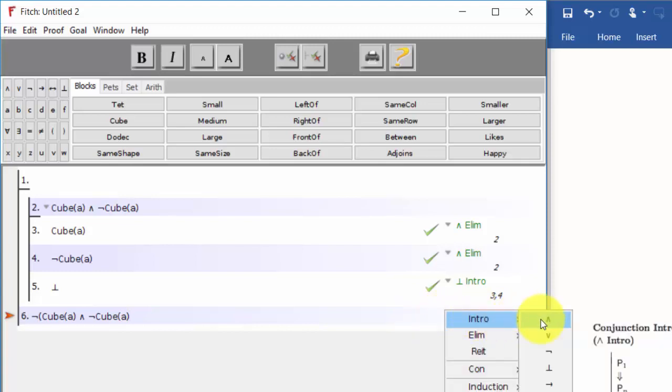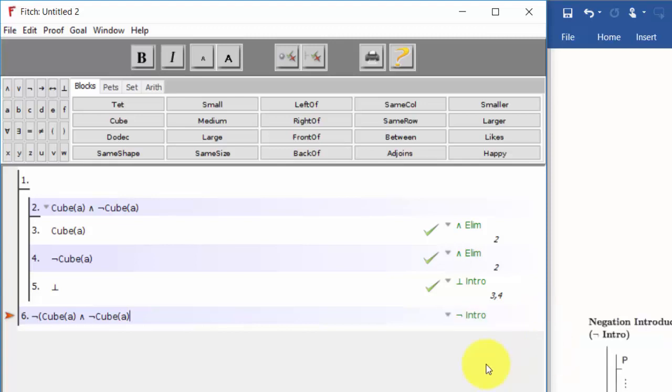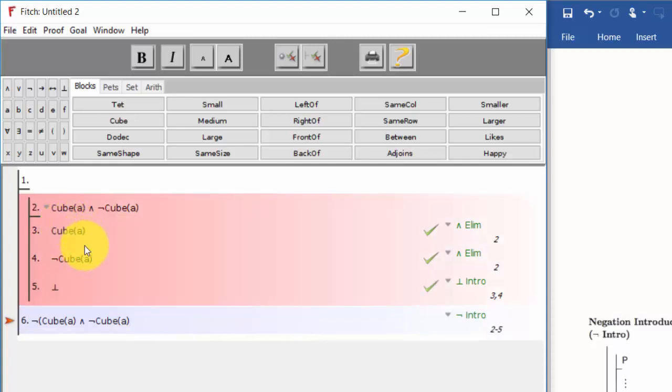All right, so the rule that allows me to do that, to, as it were, add a negation to step 2, is negation introduction. And I have to cite the subproof that leads to the contradiction. That's 2 through 5. I click anywhere between 2 through 5, and that'll cite the 2 through 5 for me.